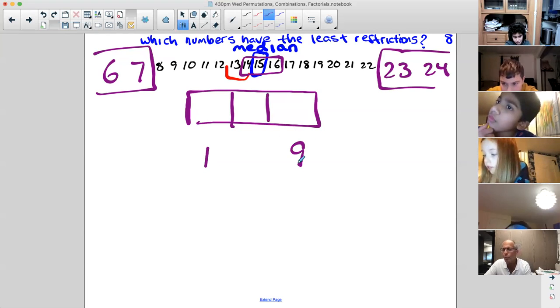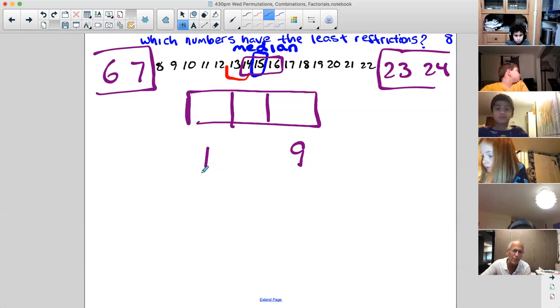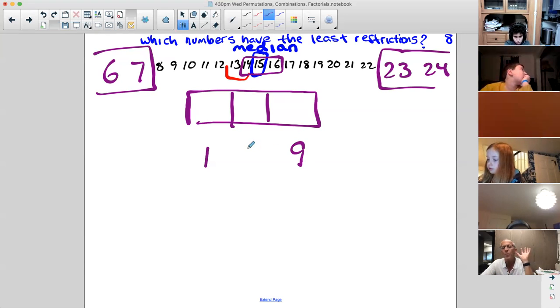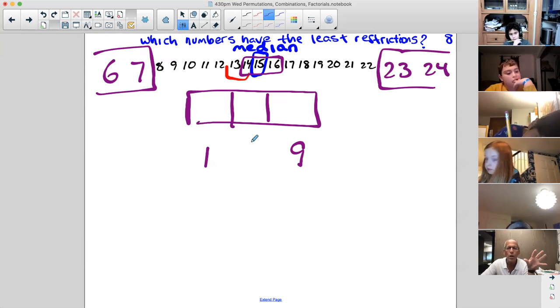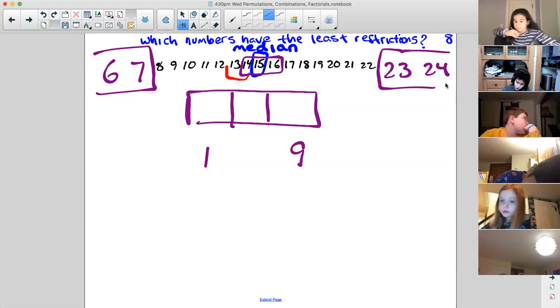That's the only push that I'm going to give you. Start with 1 on the left, 9 on the right, find the middle number, and then find all the different combinations where there's no repeat of the same group. If you have a question, ask the question.